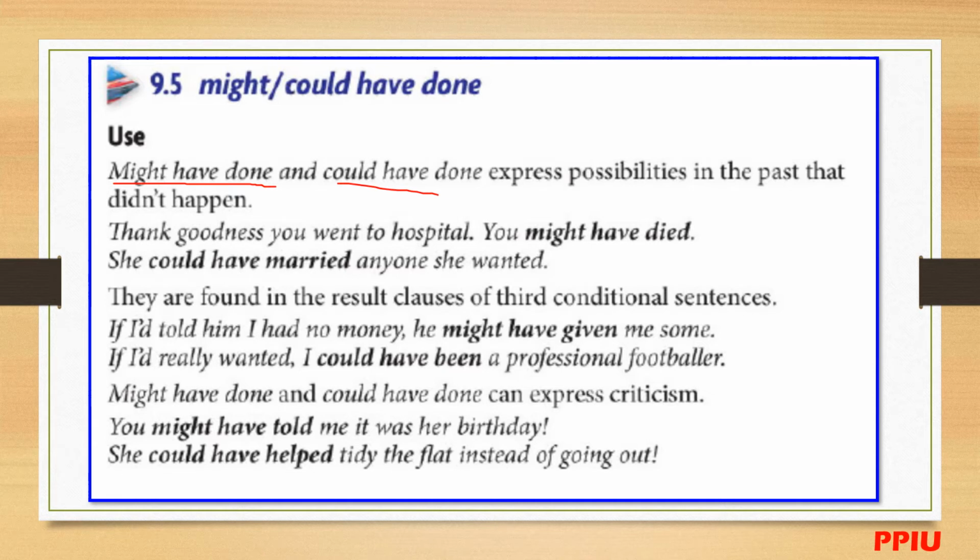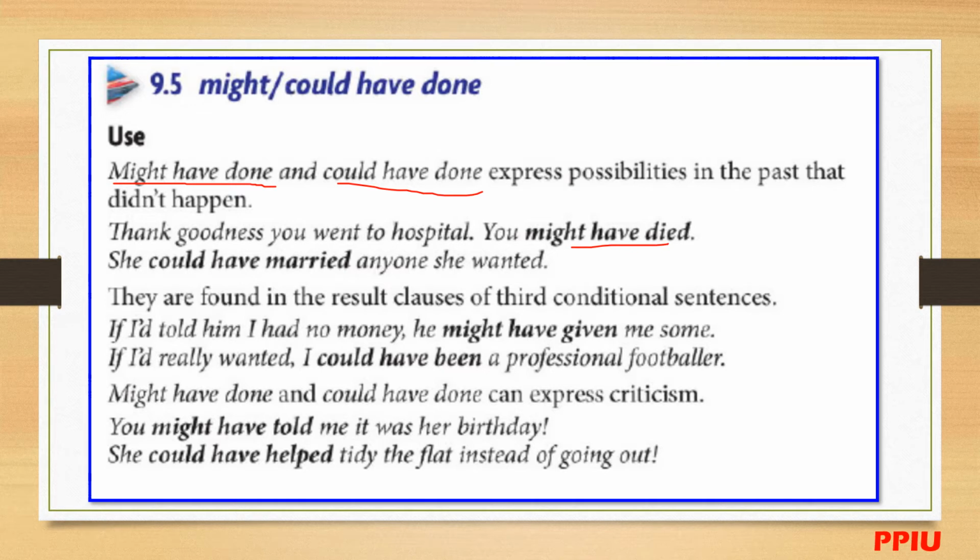Might have done and could have done express possibility in the past that didn't happen, all right? As we had studied in modal verbs, might have done and could have done are just used to talk about or express possibility in the past that didn't happen. Thank goodness you went to hospital, you might have died, right?